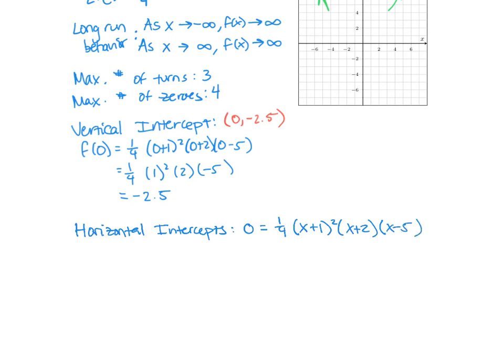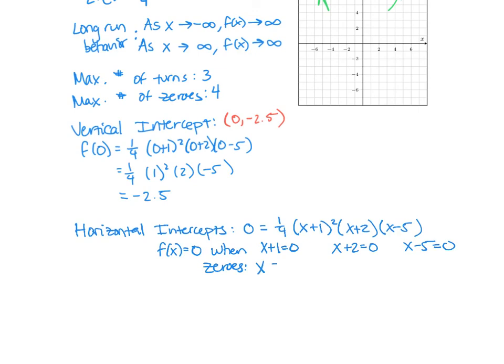And remember, we can say that our entire equation is equal to 0 when either that first factor is equal to 0, or the next one, x plus 2 is equal to 0, or x minus 5 is equal to 0. Maybe it's all of them. We don't know.